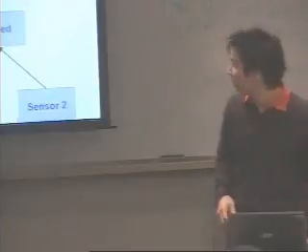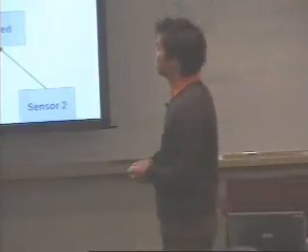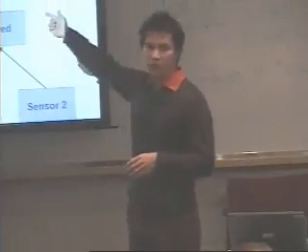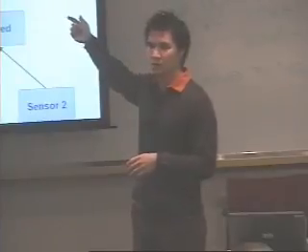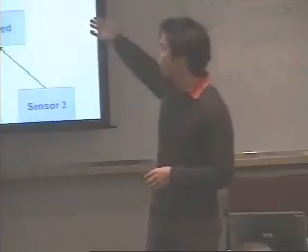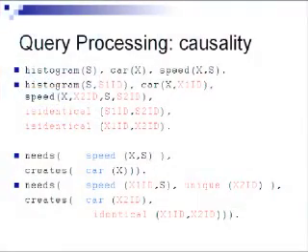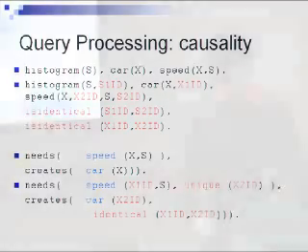So our problem here is we want to generate a set of graphs, and we only want to choose those graphs that would satisfy this query in terms of the user's intuitive understanding of what it means to solve that query. In our case, we need to accommodate their understanding of causality. So we want the speed in the car to be the same. We want the histogram and the speed to be the same.